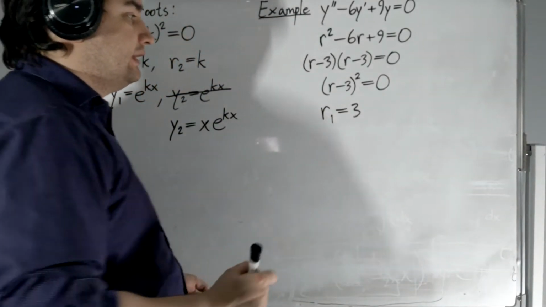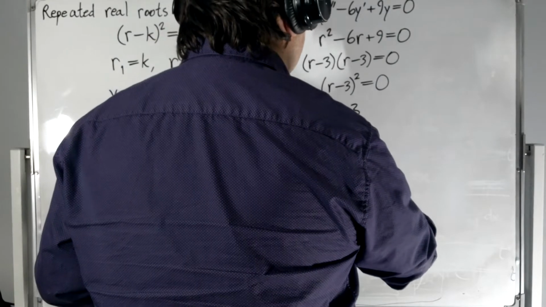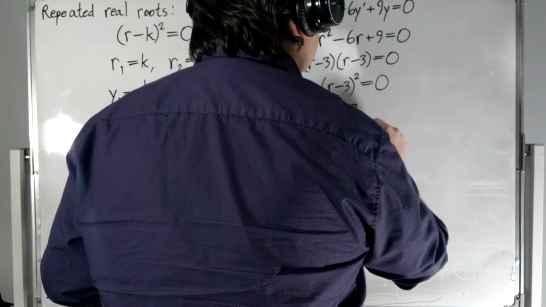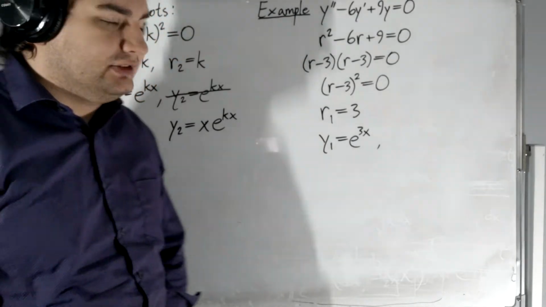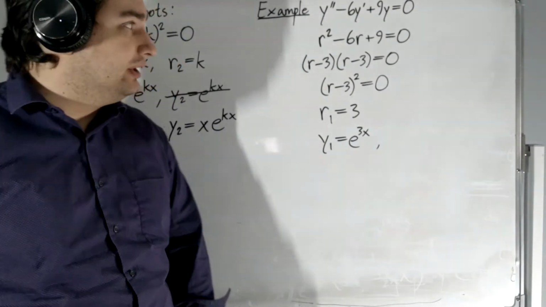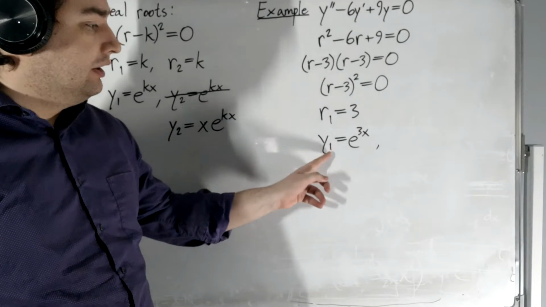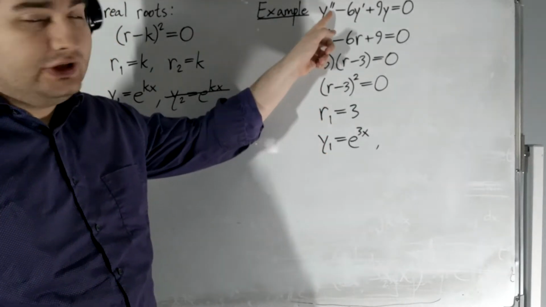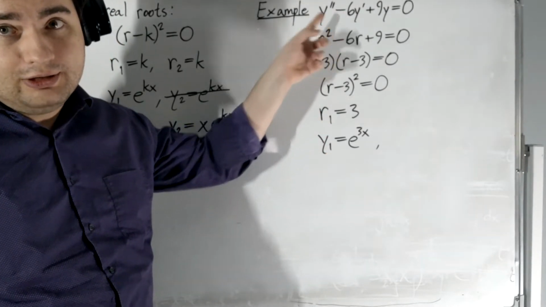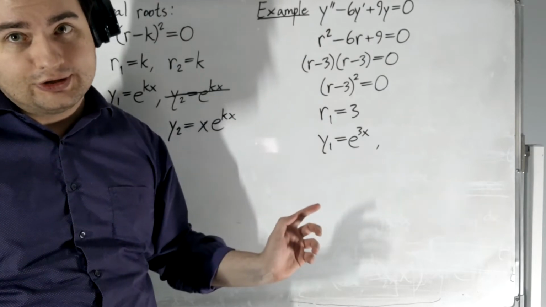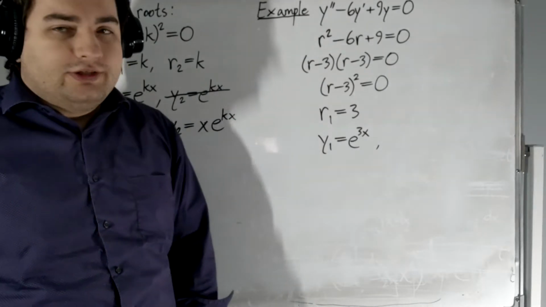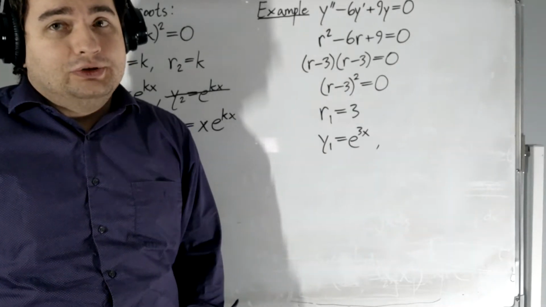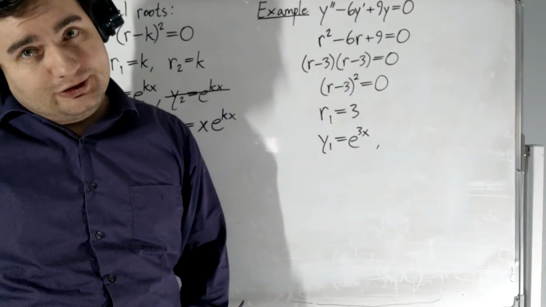All right, well that gives us a solution. That gives us y1 equals e to the 3x. And now you'd like to say that there's another solution. There has to be another solution because you have to have as many basis solutions as the order of the ODE. Since this is a second order ODE, we're going to need 2 solutions to construct the general solution. You'd like to say it's e to the 3x, but you know that's not going to be linearly independent.